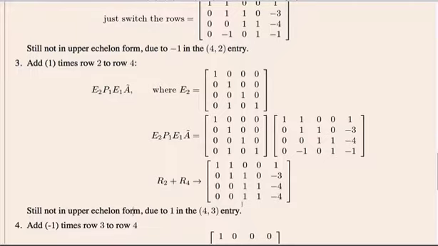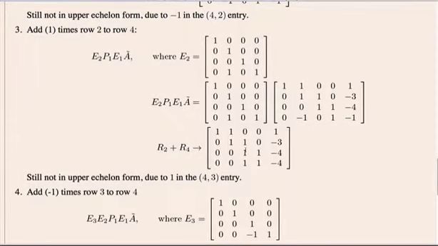So this is the new matrix. Still, it's not in echelon form because the pivots are moving to the right from the first to second, second to third, but from the third to fourth, it's not moving to the right, it's right under it. So we want to cancel this one by adding minus 1 times row 3 to row 4.